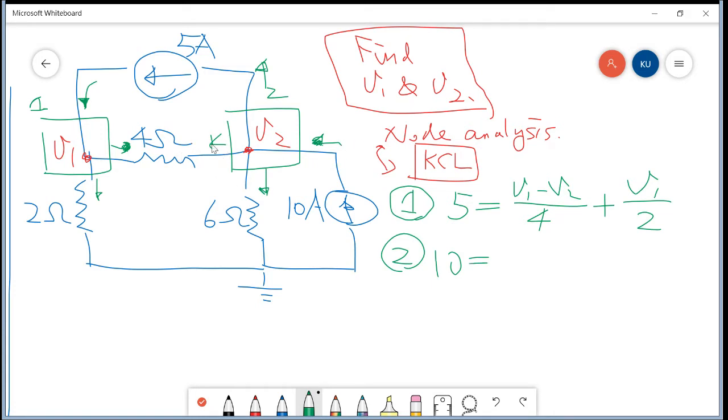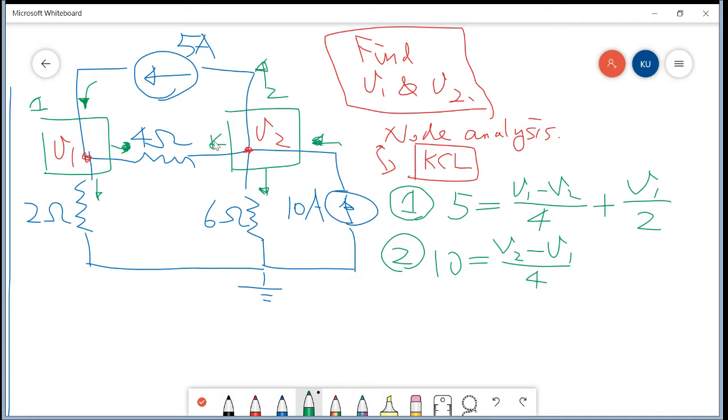for this current it will be V2 minus V1 over 4. And for that one, if I assume that going that way, then it will be V1 minus V2 over 4. And it's actually the same stuff.